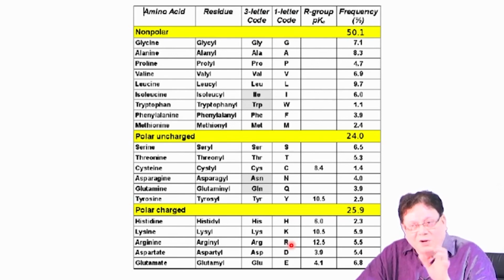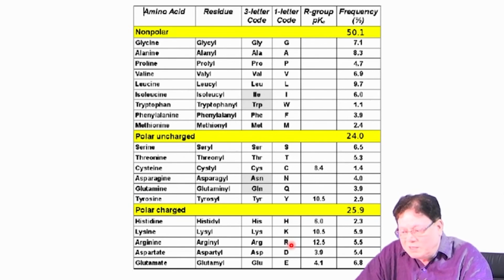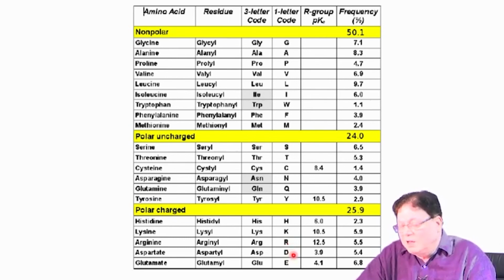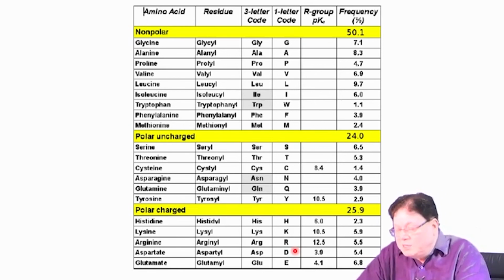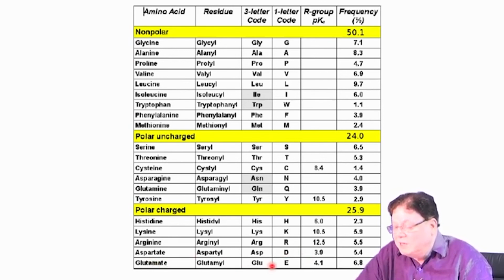If you forget arginine, think arginine means R as you pronounce it. Aspartic acid, some people in the English world say it without stress on the T, so there is a D. So D is for aspartic acid, and glutamic acid is E.